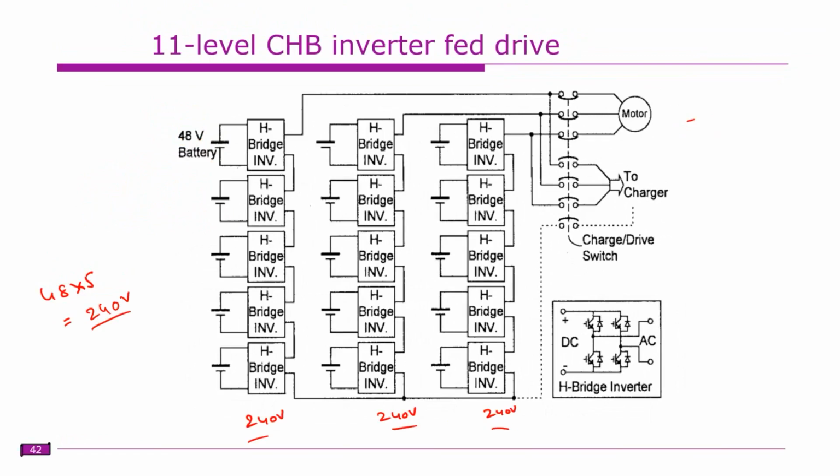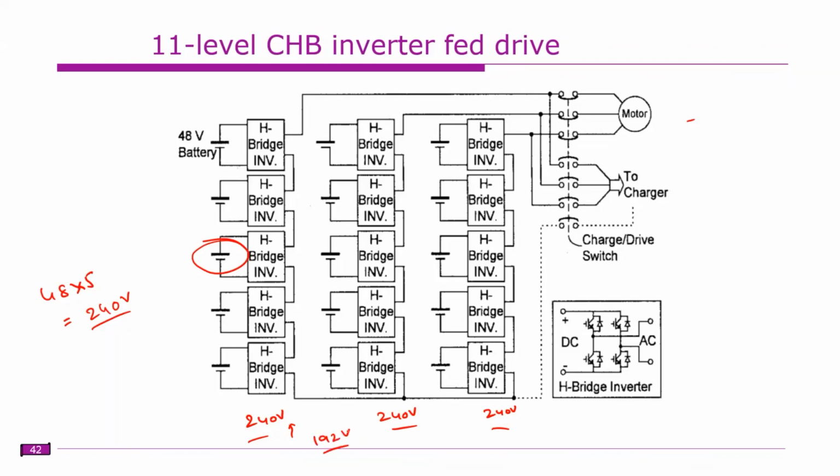Now one of them is damaged. How much voltage will it produce if it is operating at peak voltage? It is 240 less 48 volts, so somewhere around 192 volts.